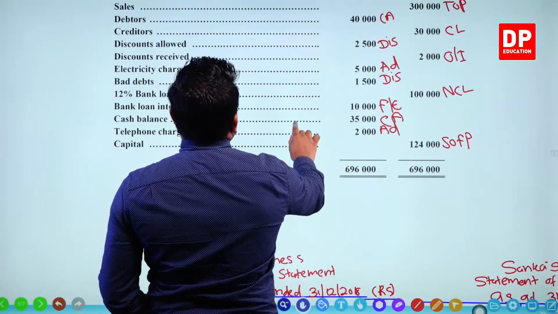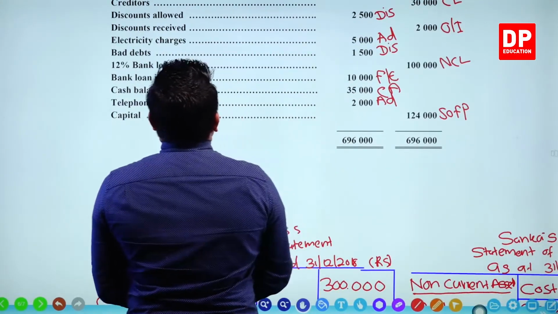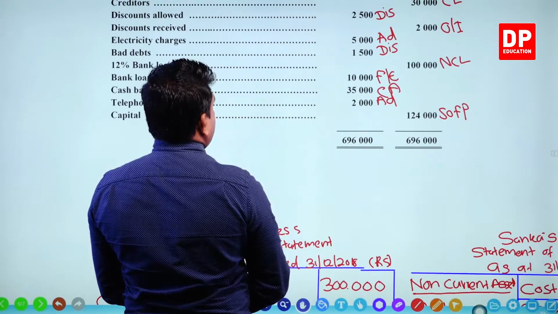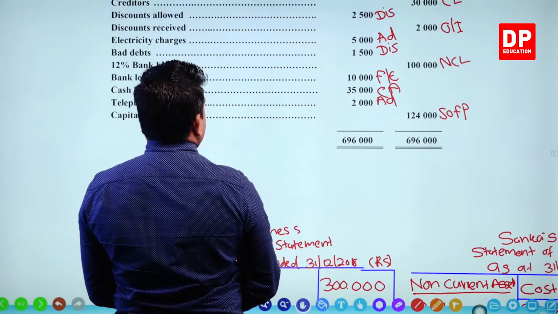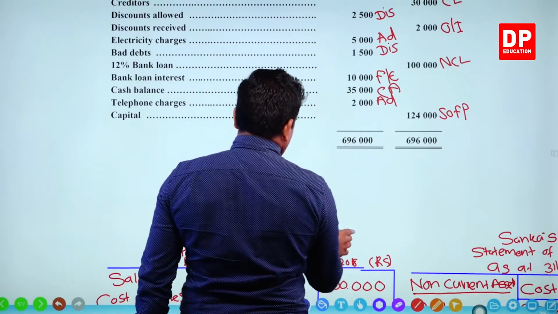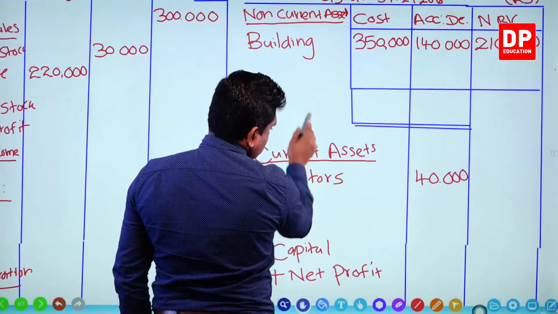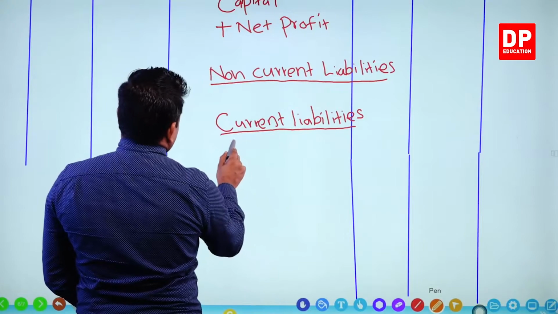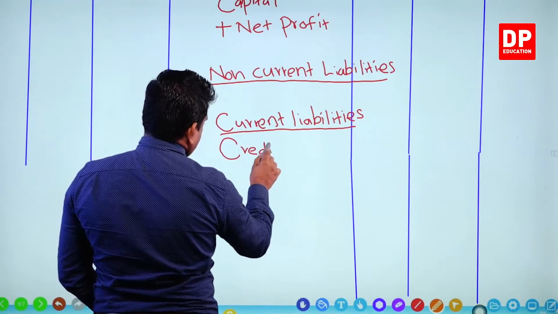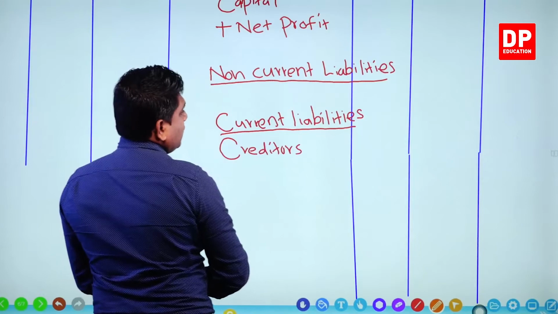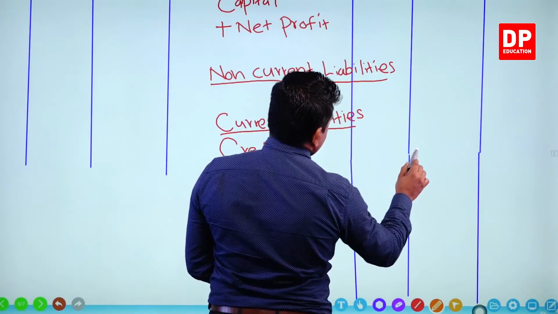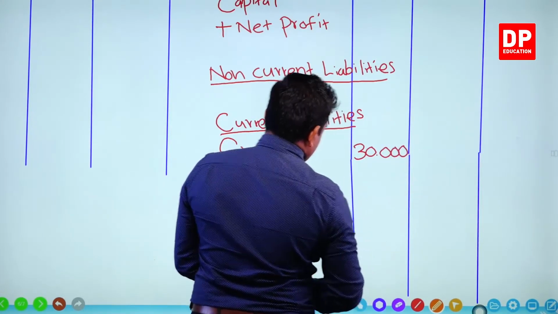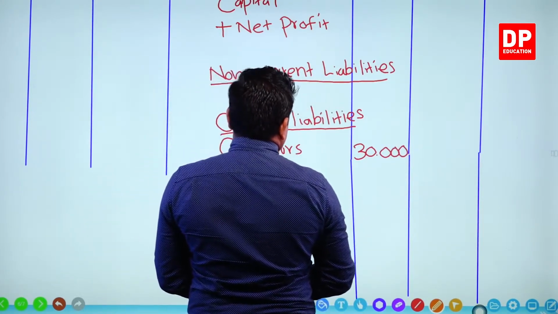Okay. Now, creditors 30,000, discount allowed 2,500. Creditors 30,000. Then what's the other one?